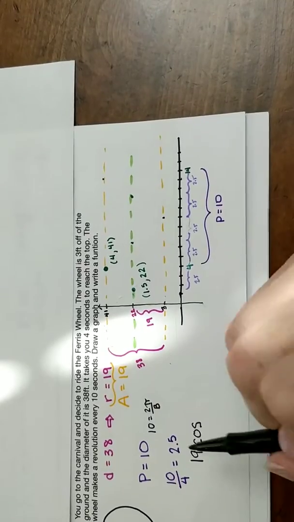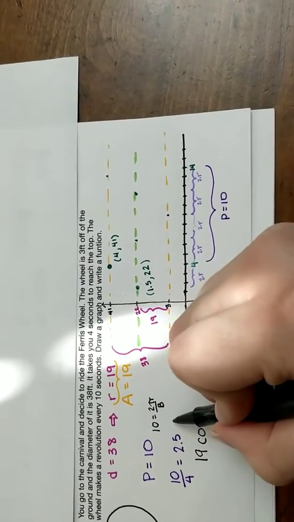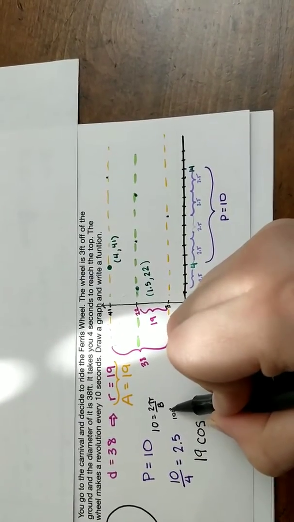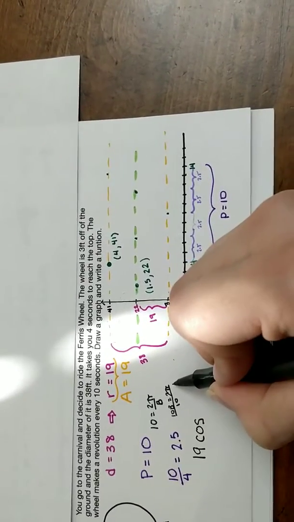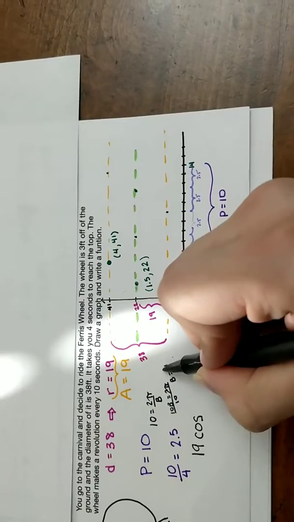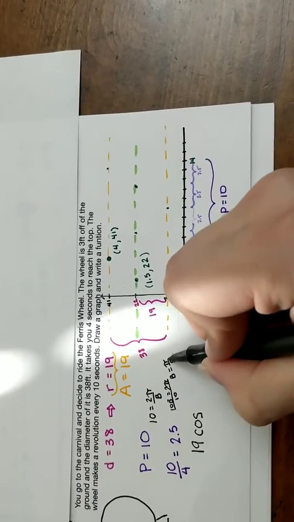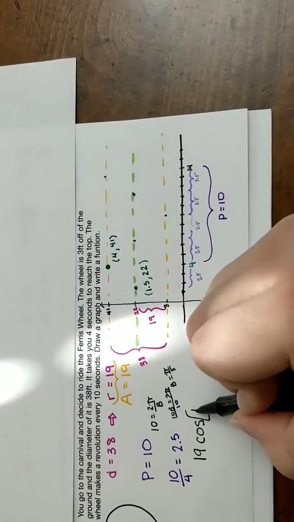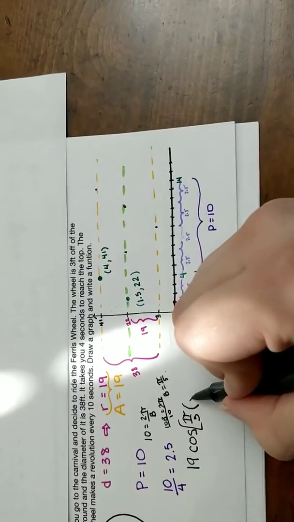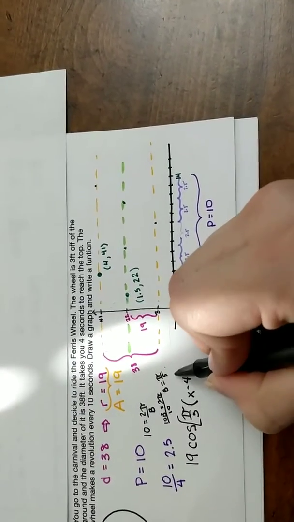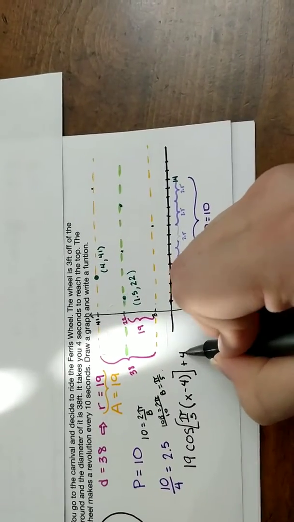So if I solve that for b, then I get b equals 2 pi divided by 10. So like our previous problem, I also get pi over 5. So pi over 5, and then x minus 4, and then plus 41.